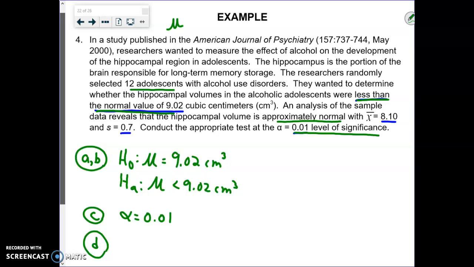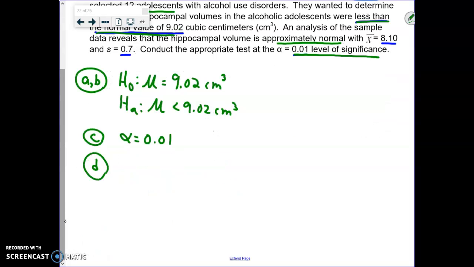And I'm trying to see up here if it says anywhere. Oh, here it does. That the researchers randomly selected 12 individuals. So therefore, ladies and gentlemen, the requirements that we need to be met to be able to do this test are met. And what were they?